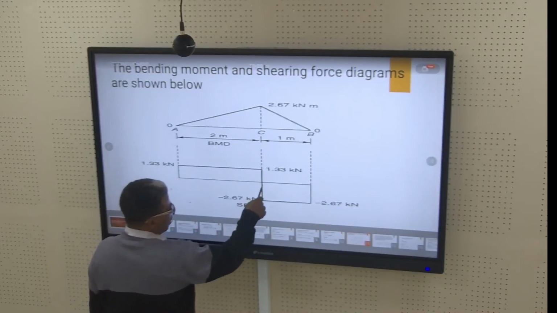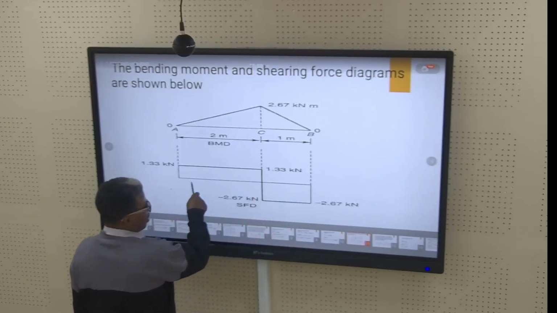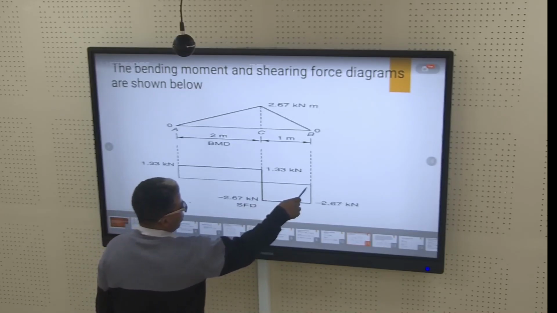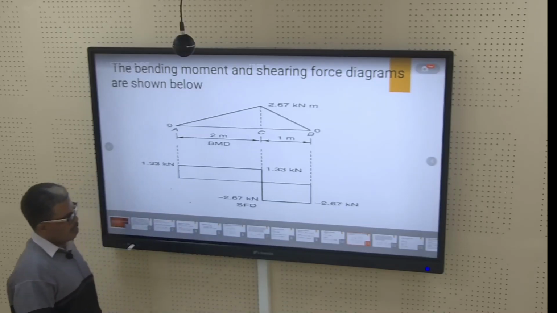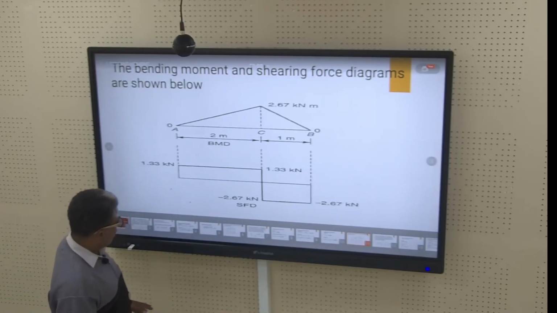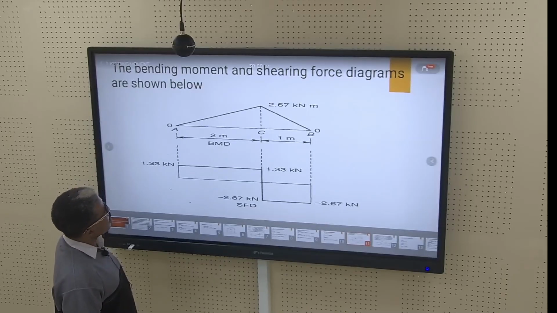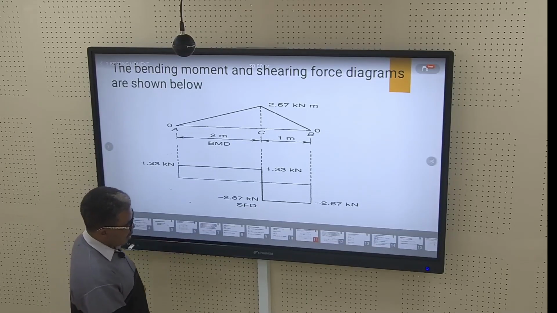So the mark down beyond the origin or axis here is negative 2.6 kilonewton. That's how you can show the shearing force and the bending moment for our case.